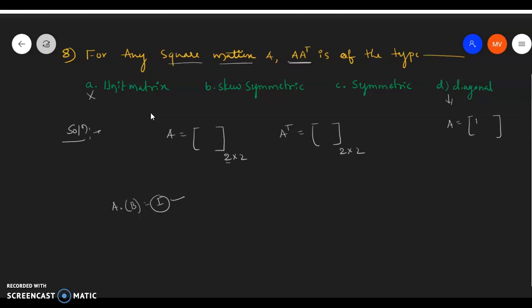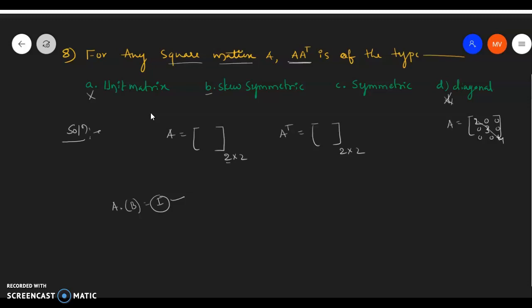Let us take it is 1 0 0, 0 1 0, 0 0 1. It is also a diagonal matrix, or you can call it a unit matrix, or you can take 2 3 4 as the diagonal elements, with the remaining elements all 0. This is a diagonal matrix. Of course this is not possible, because when we multiply we will not get zeros. So option D is also not correct.